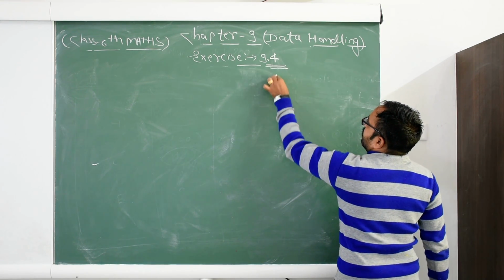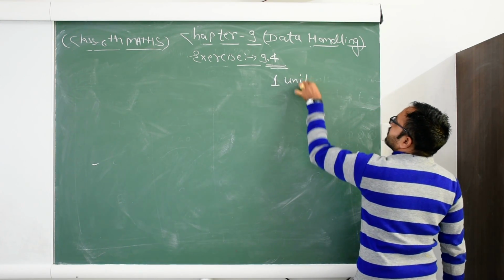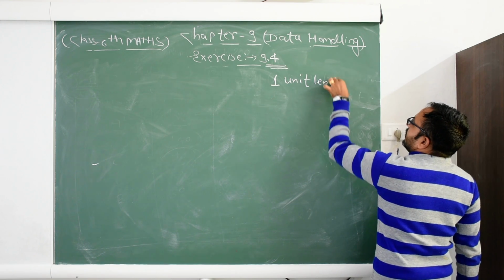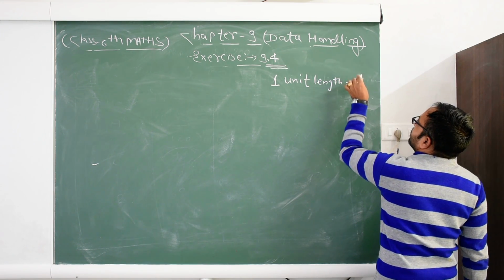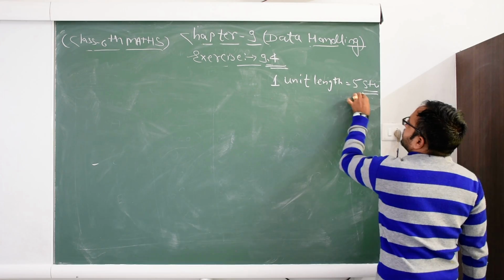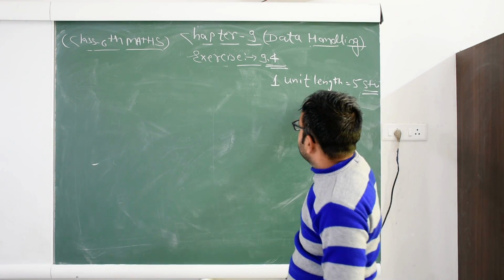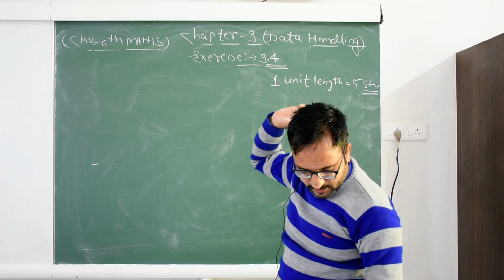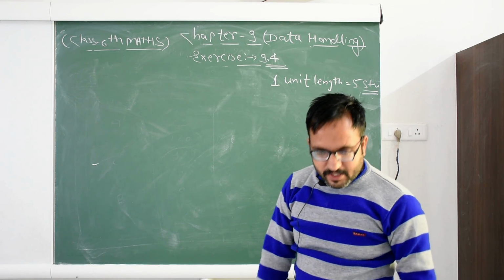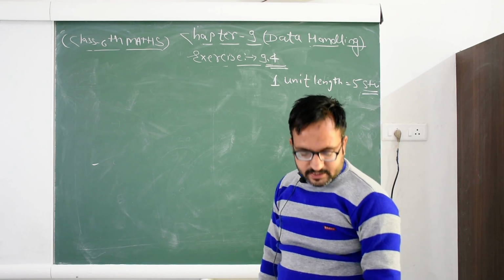The scale will be 1 unit length equal to 5 students. This is our scale. Now we prepare a bar graph related to this table.